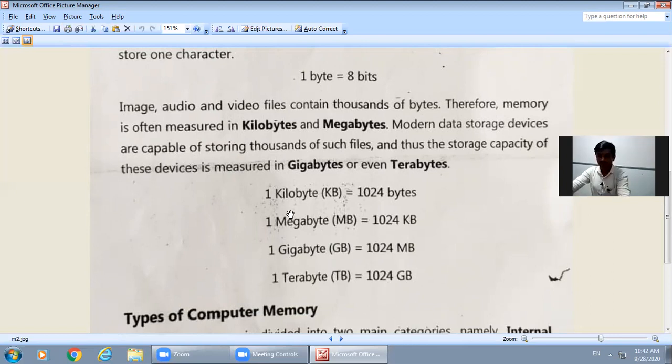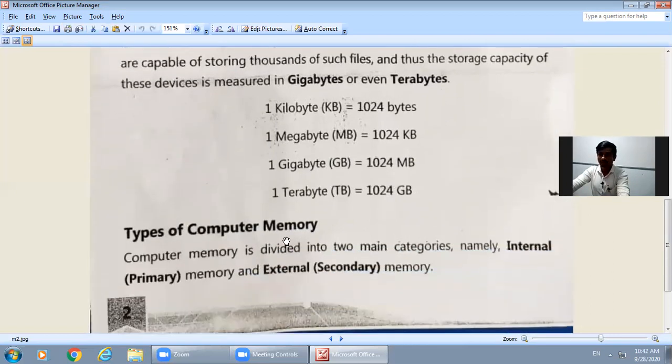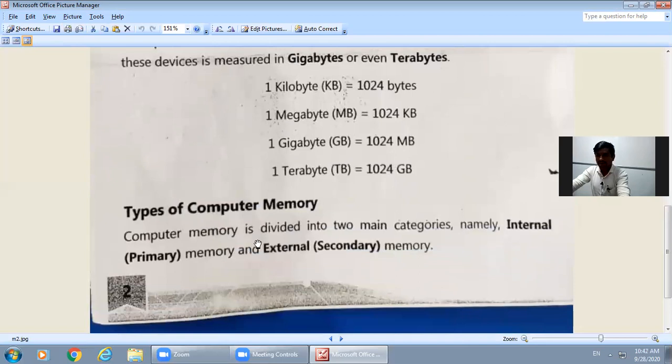Now next point, types of computer memory. Computer memory is divided into two main categories, that is internal memory and external memory.